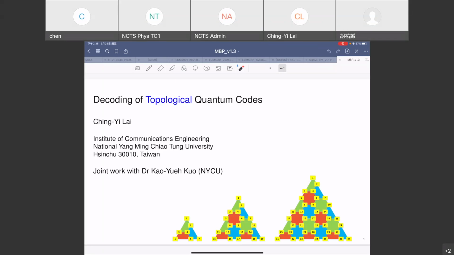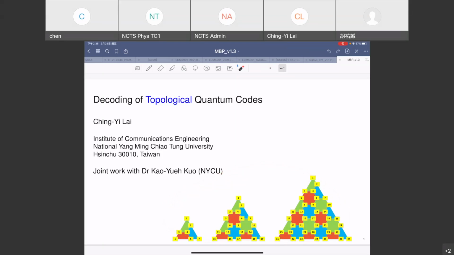Currently, the most important family of quantum codes is topological codes, meaning that we have a two-dimensional layout, and we put qubits on this layout. For example, the figures here are called color codes.